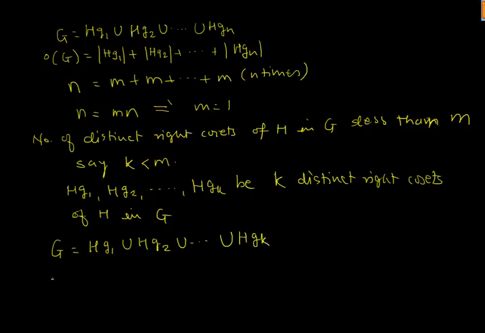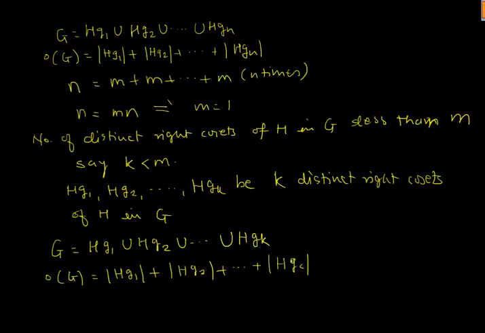Now, what is the order? The order of G is equal to the cardinality of the first right coset plus the cardinality of the second right coset, continuing this summation up to the cardinality of Hgk.